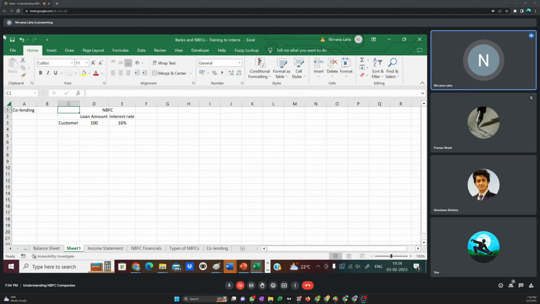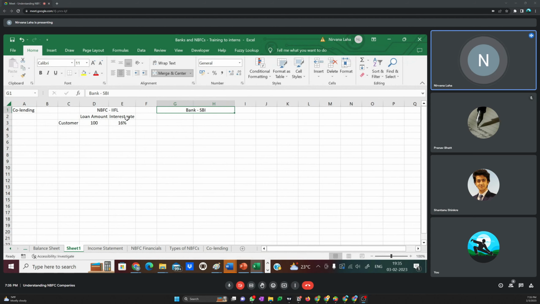So in co-lending, suppose an NBFC makes this kind of a loan. Let us call this IIFL, because this is my favorite NBFC right now, and let us look at a bank. IIFL has a tie-up with SBI. So this is SBI. What IIFL says is, boss, I have this customer.